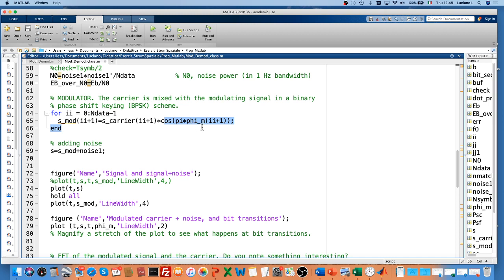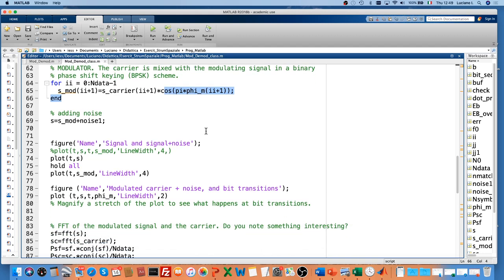If this phi_m is equal to 0, then cosine is equal to 1, and I have bit 0. If phi_m is equal to 1, then cosine of pi is minus 1, and I have minus the value of the carrier. So this corresponds to applying a modulation of an advance in phase equal to pi.